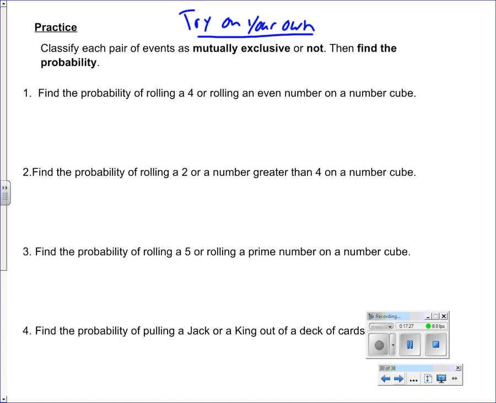We're doing the same thing, saying whether they're mutually exclusive or not, and finding the probability. In all of these, you'll see the word OR in there, which is telling you to add. Let's go ahead and try those practice problems. If you need any other videos or any other resources, you can search for independent-dependent events, mutually exclusive, and overlapping events.